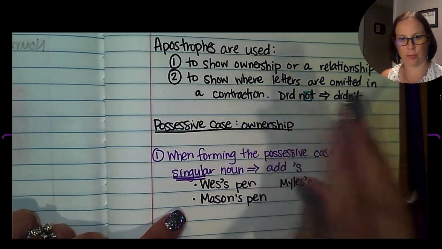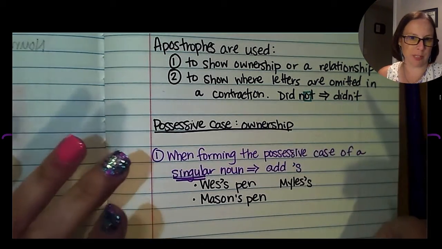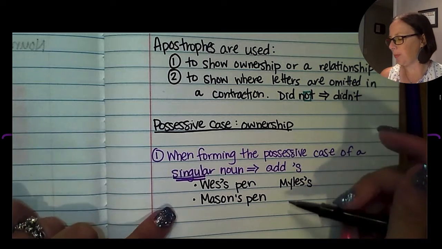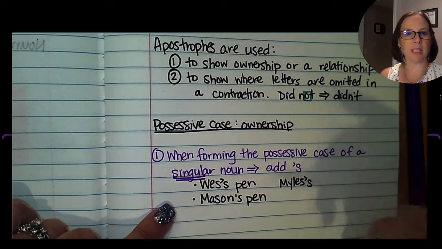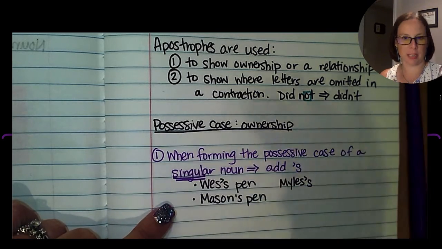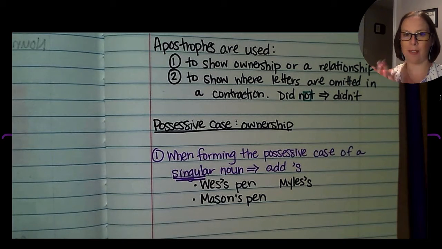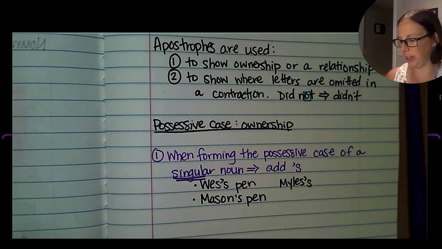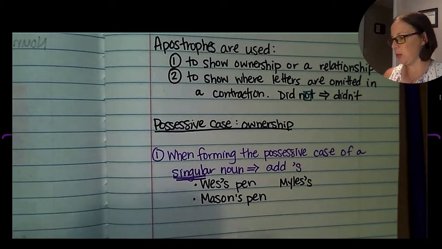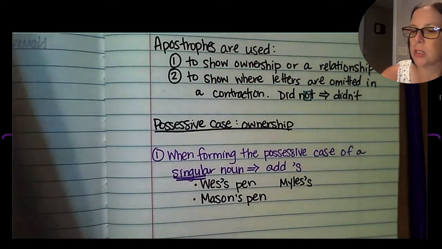So there's no apostrophe. You just add an S, saying there's more than one Thompson. But if it's the Thompson's house, then it's possessive. So you guys got to be careful. Not every word that ends with S is going to get an apostrophe. So there's our first rule. Second rule.